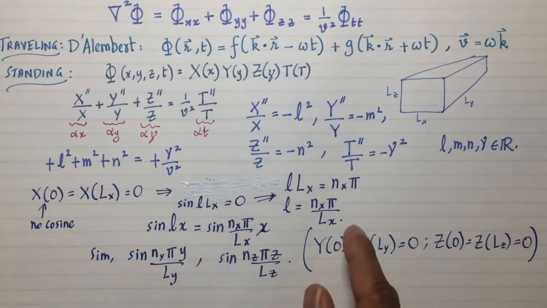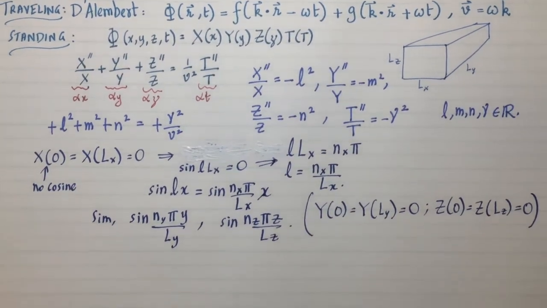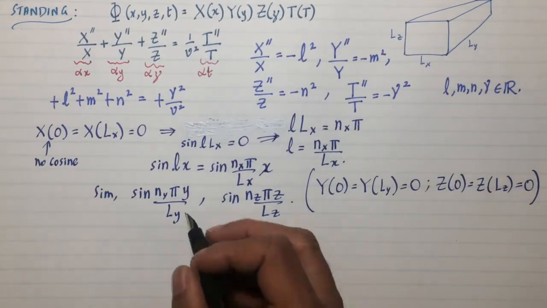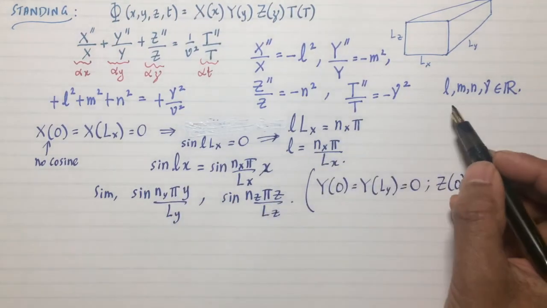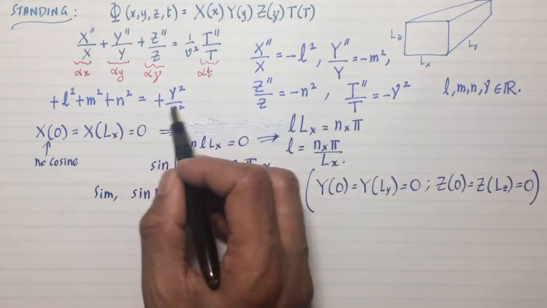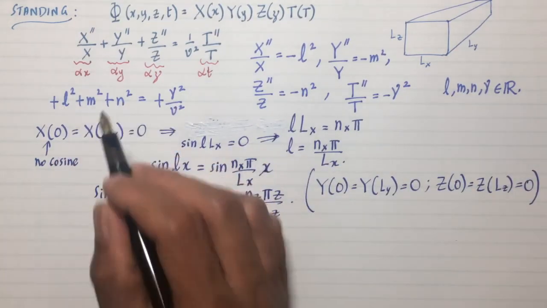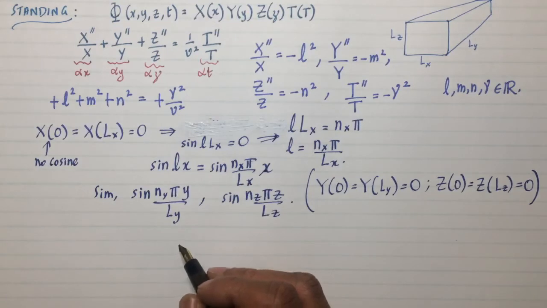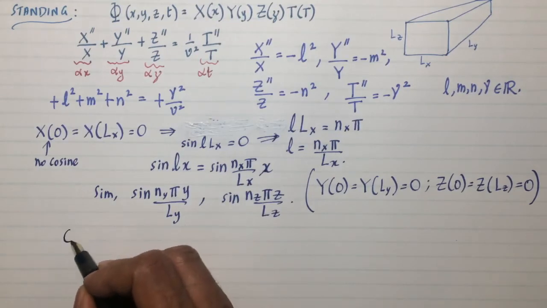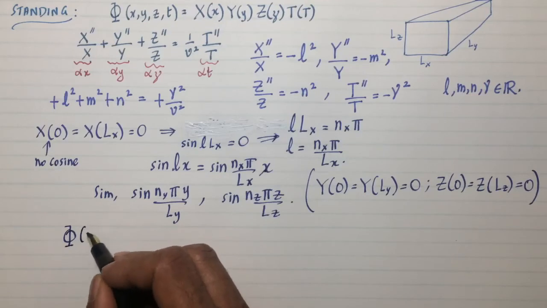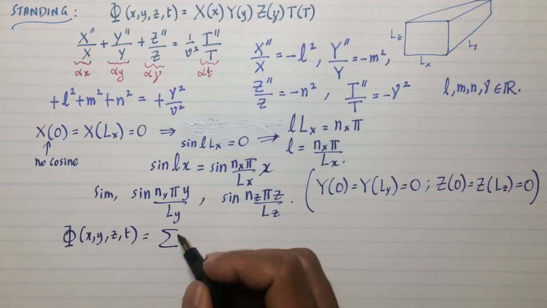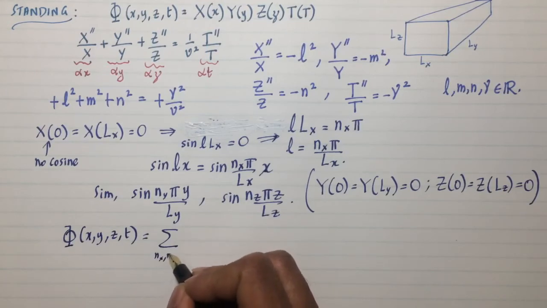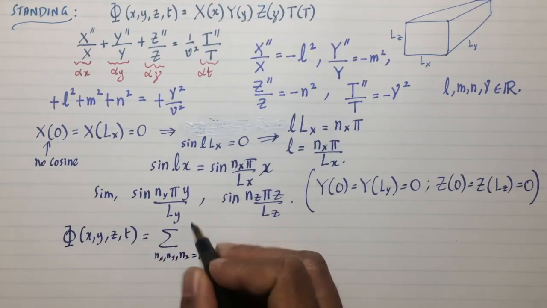Now remember, the time variable is still not written in stone, so we have that full freedom for the time variable. Now for the time variable, since the relationship between gamma and L, M, N are those, what we're going to do is write the full solution as follows. We'll write phi of x, y, z, comma t as the sum over all these quantum numbers nx, ny, and nz going from 1 to infinity.